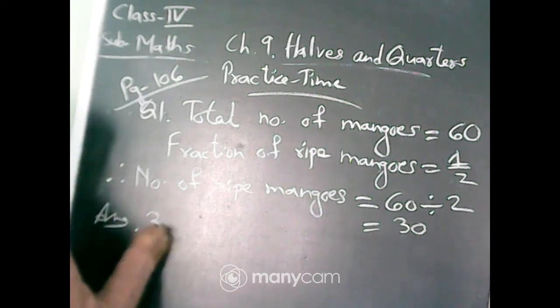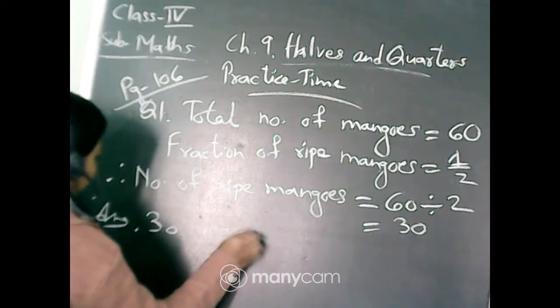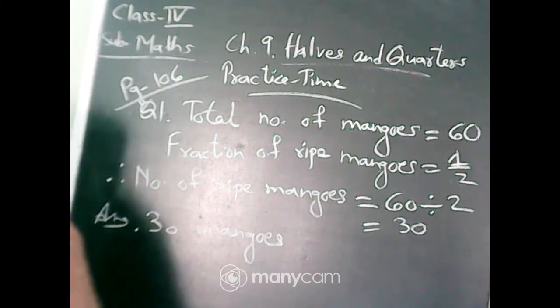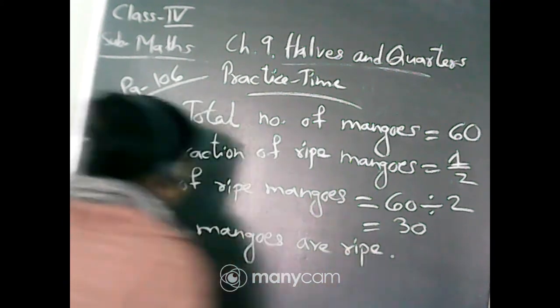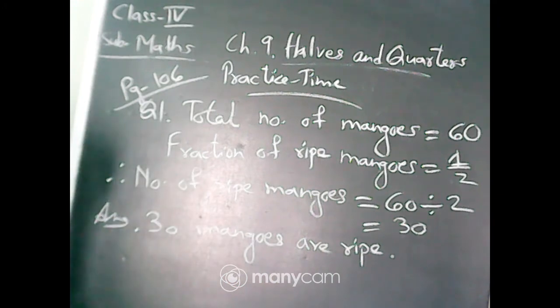Answer will be 30 mangoes are ripe. Okay. I think you all know what is the meaning of ripe. Not spoiled. Ripe mangoes, not spoiled.